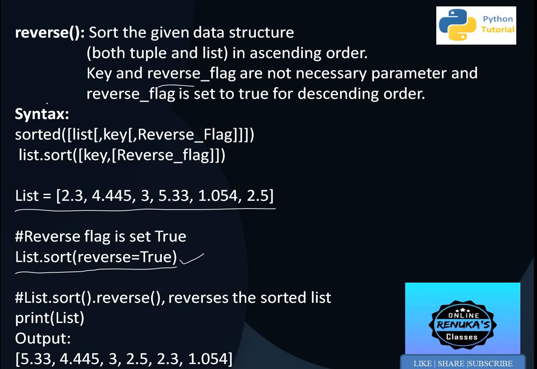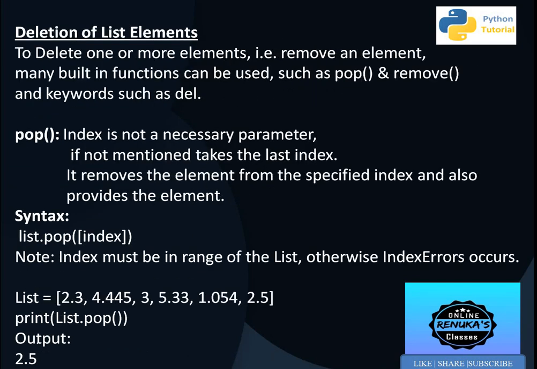So sorting can be used with the help of reverse. So only list.sort will give the elements in ascending order. But if we write list.sort with reverse=True in the brackets, in that case the elements will come in descending order. So this is how we can arrange the elements.